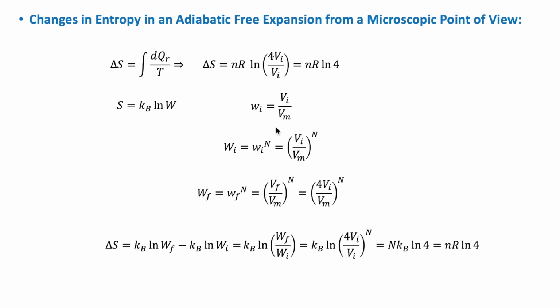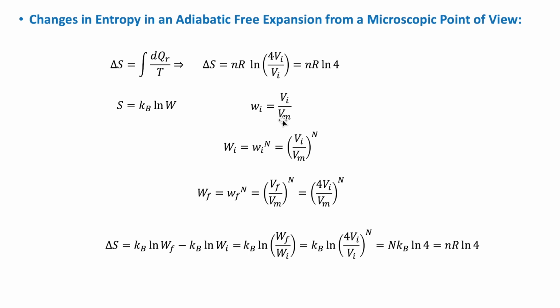We will not go to the details here, but you will find in any textbook that the number of available microstates or locations for a single molecule in a gas that occupies an initial volume Vi is given by this equation, where Vm is the microscopic volume occupied by the single molecule.